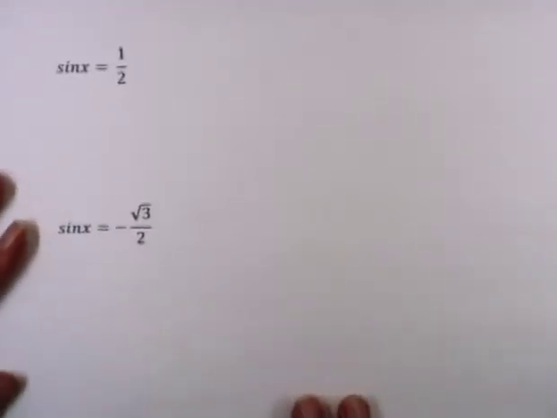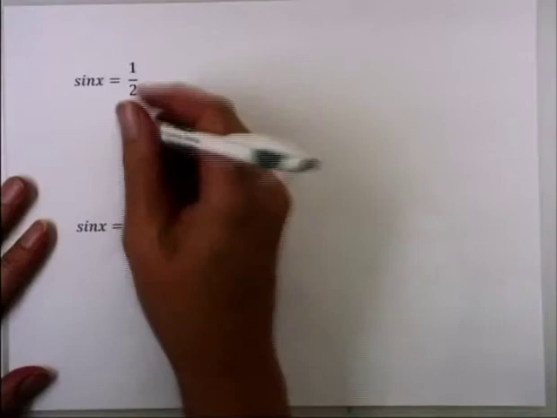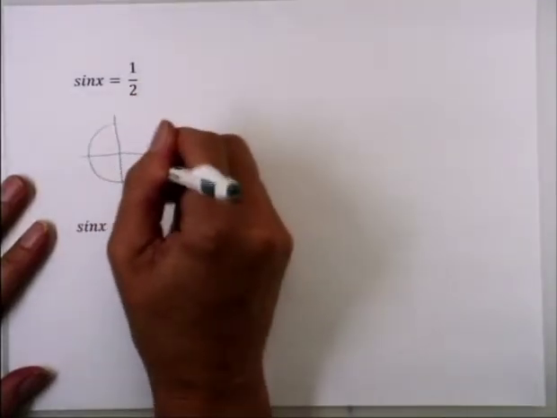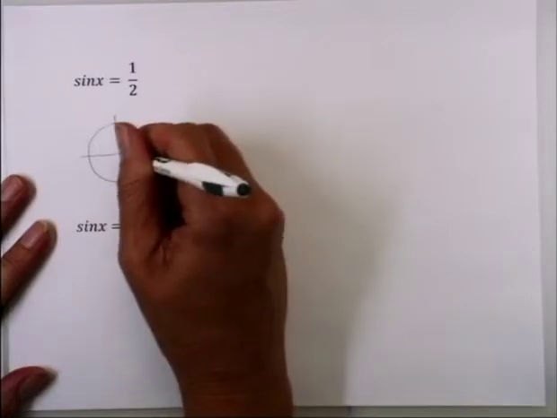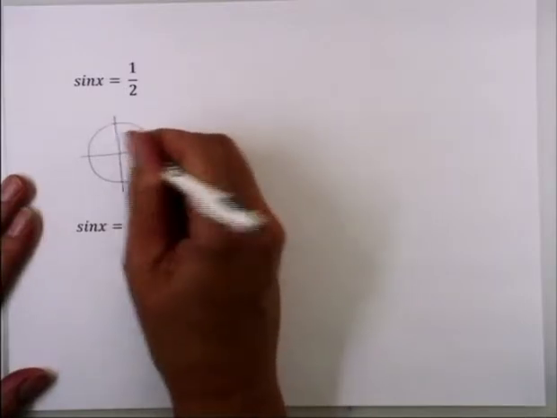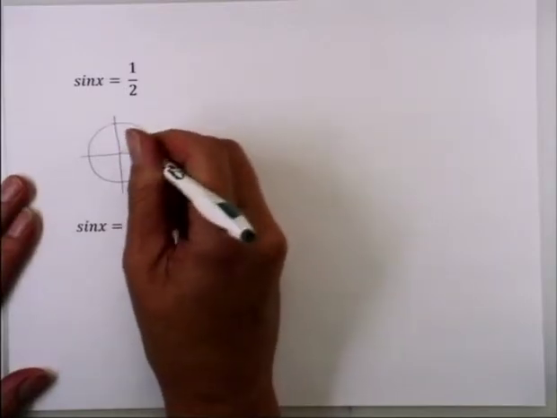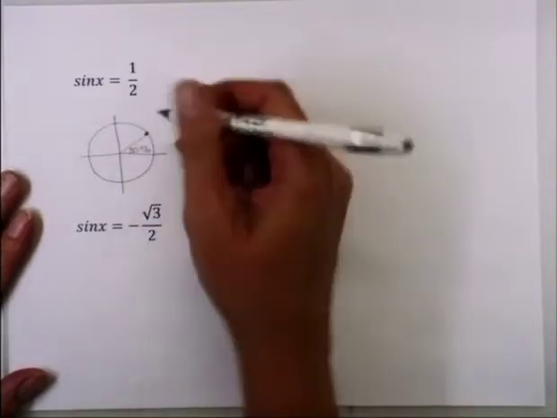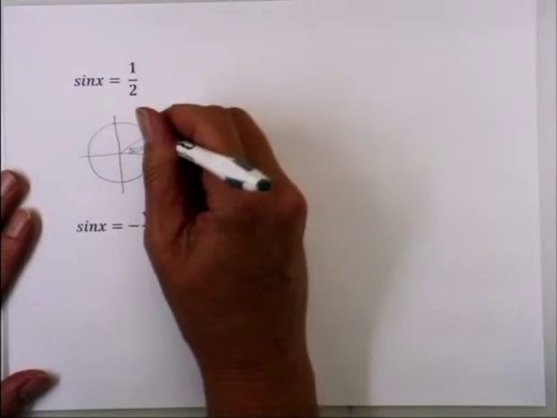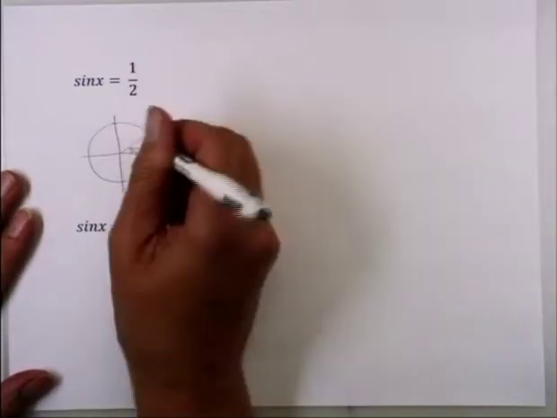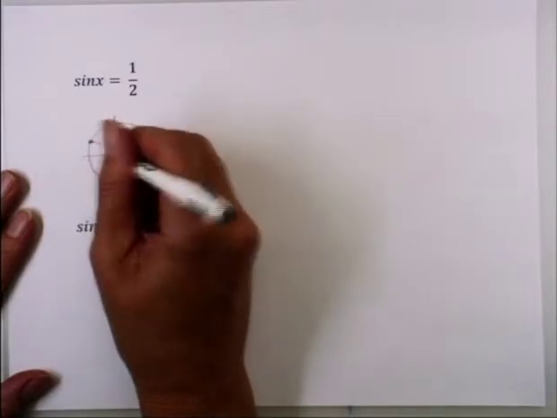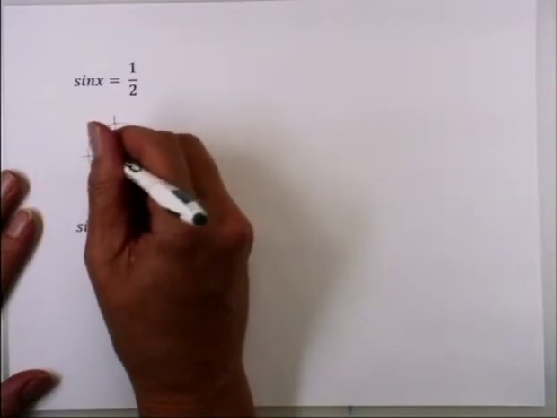So I want to know where the sine of x is equal to 1/2. Well, I actually just said that, didn't I? So here's my unit circle, 1/2, and I know that this angle is 30 degrees, or π/6. Now, π/6 is one solution. There would also be another solution over here in quadrant 2, 5π/6.